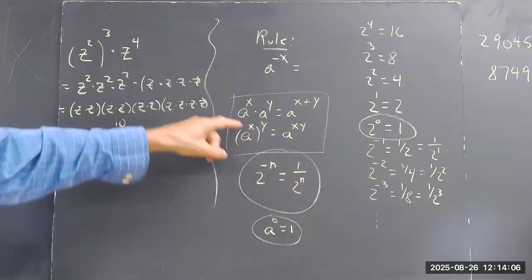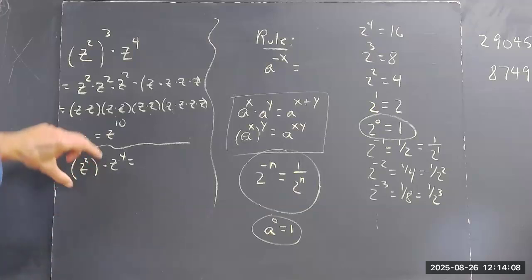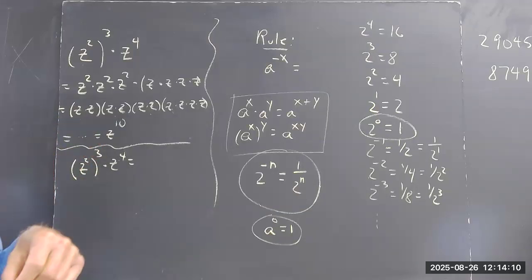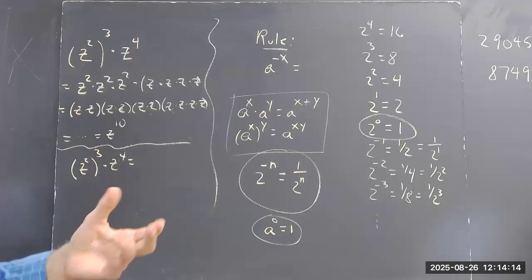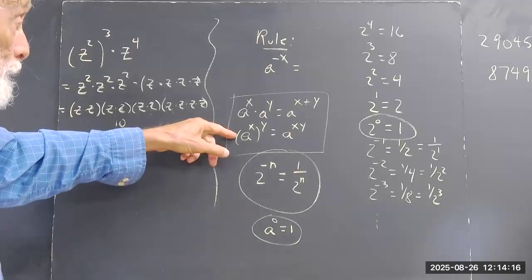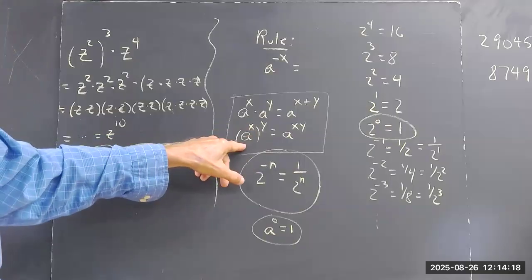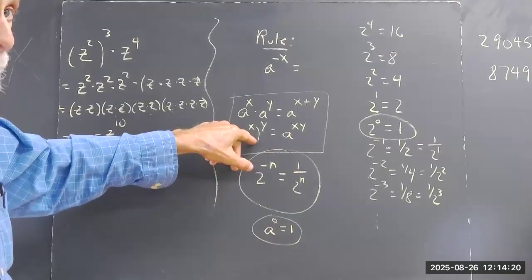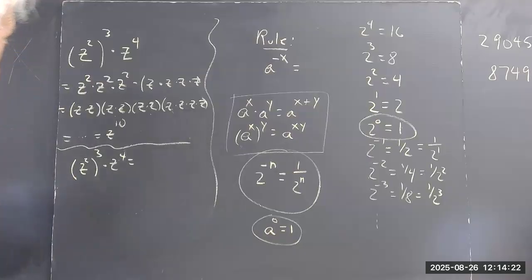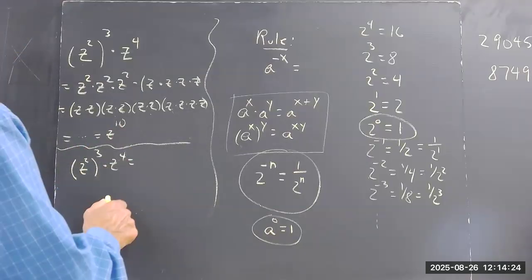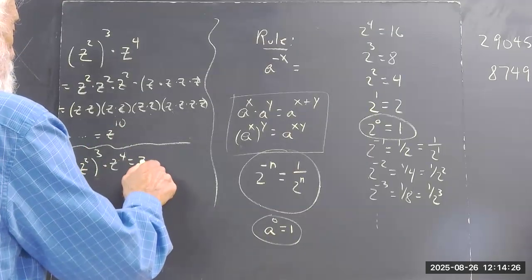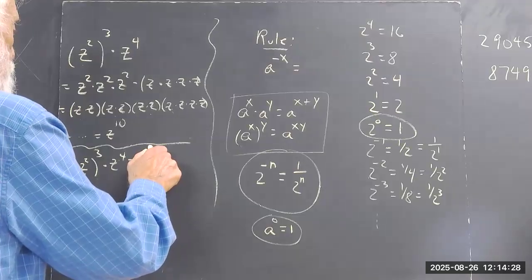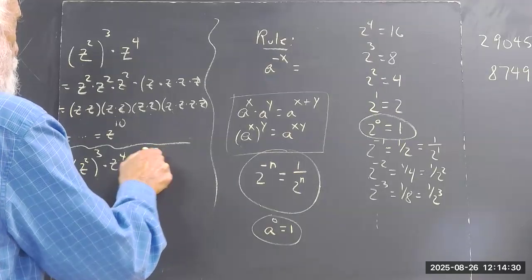Show me with your fingers. Which rule applies to z squared cubed? Yeah, it's the second rule. It's a power of a power, right? It's a power of a raised to a power. So z squared cubed is z to the 2 times 3.